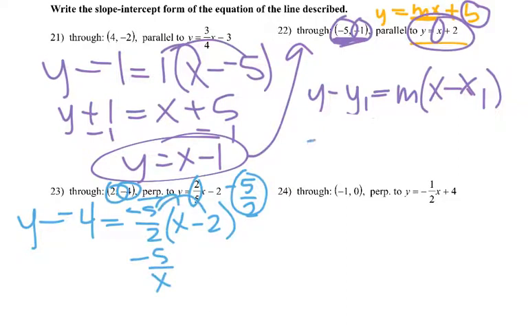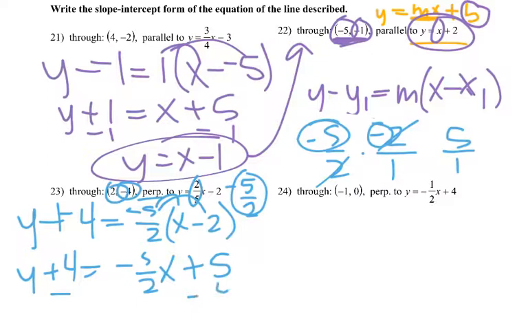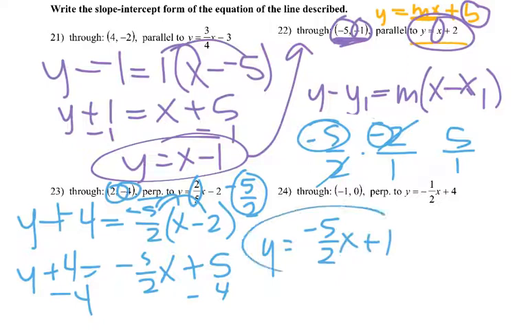Negative 5/2 times negative 2: 2 on top and bottom, negative and negative, positive 5 over 1, which is just a positive 5. Negative 5/2 x equals, that's like plus, so y plus 4. Subtract 4 from both sides, and we get y equals negative 5/2 x plus 1. And there's our equation that is perpendicular to this line and passes through that point.